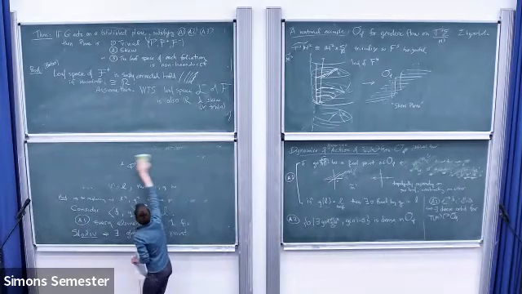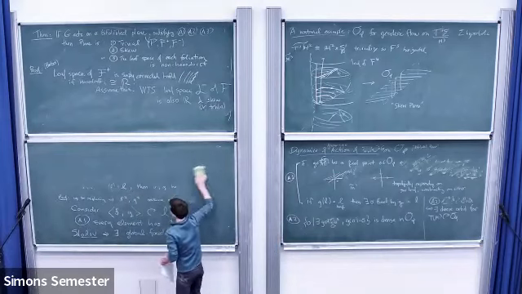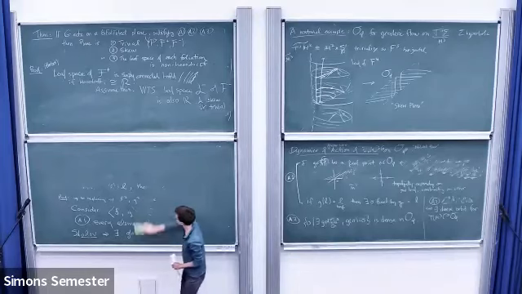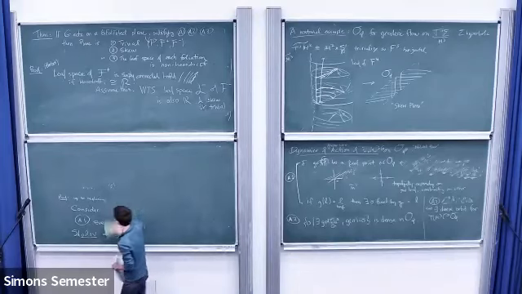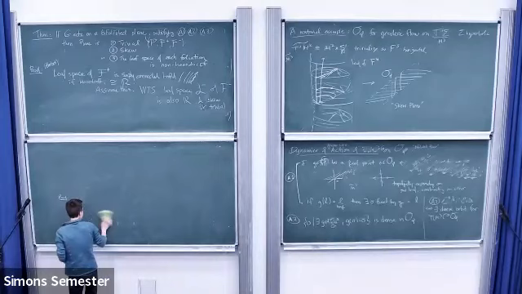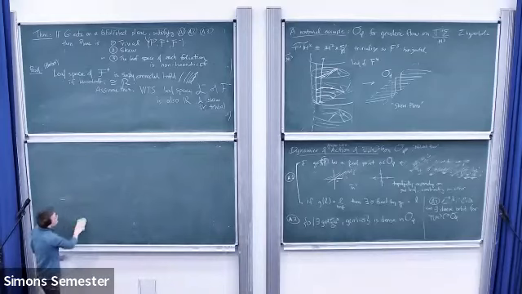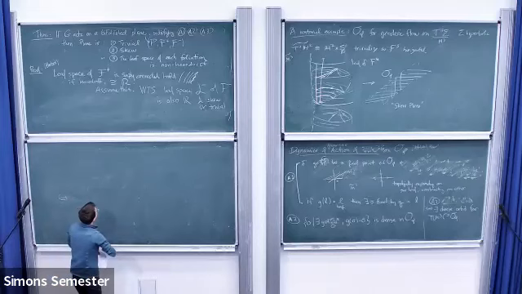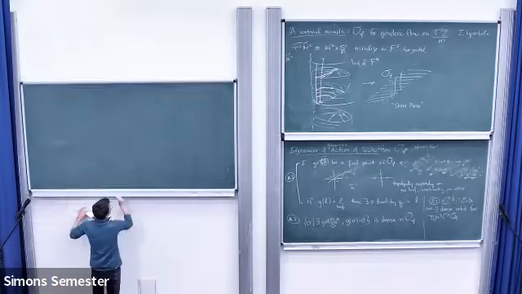So because one of my leaf spaces is R, if I fix a leaf from the other one, the mystery F minus leaf space, its intersection with all the leaves of my F plus, my R leaf space, is going to give me some connected open subset of R. Right?